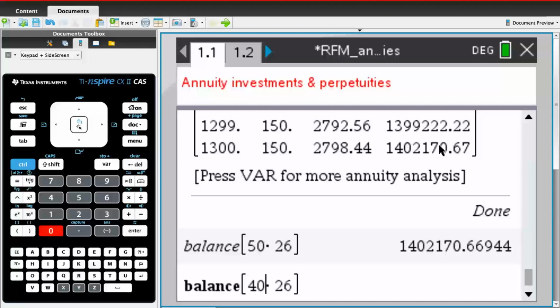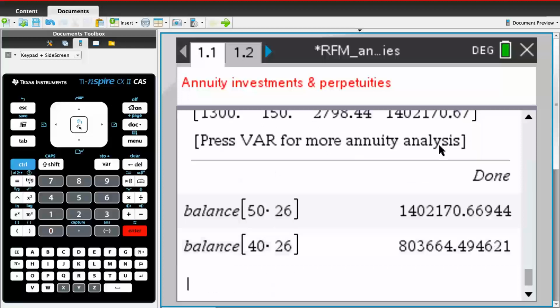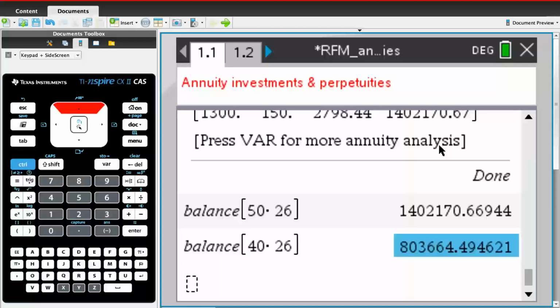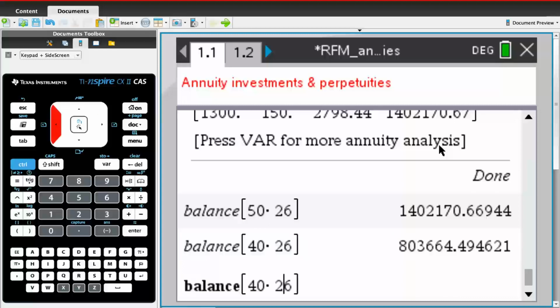So that's quite striking. So if he decided to retire at 60, he wouldn't get 1.4 million, he'd only get 803 odd thousand. Would it be a little bit better, or we suspect it'd be a little bit better if he tried it for 45 years?